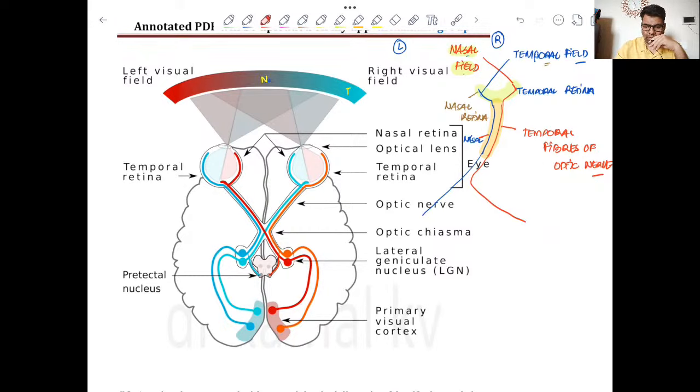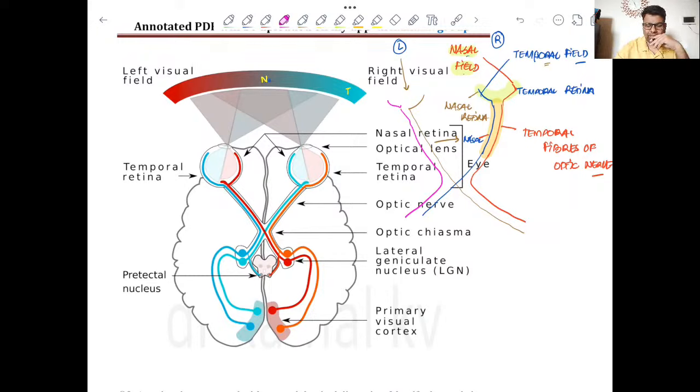So this point of dissociation, if suppose this is the fibers from the other eye, this is of course the nasal fibers. I'm sorry. Clear? So this is again the nasal fibers of the left eye, and the temporal fibers will simply continue on the same side.